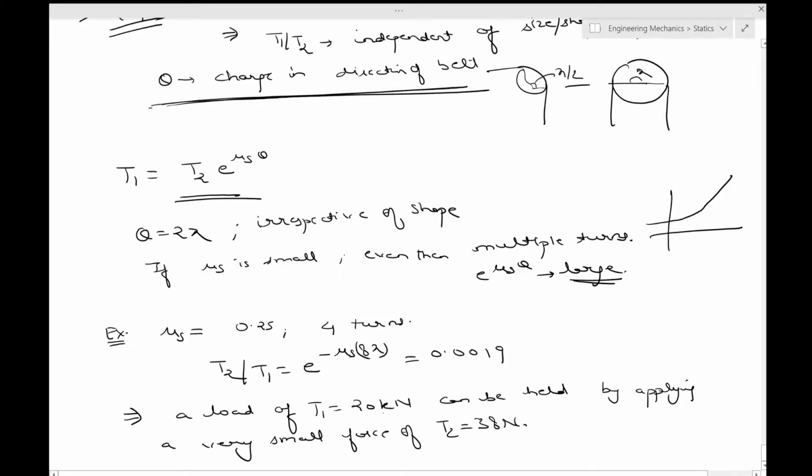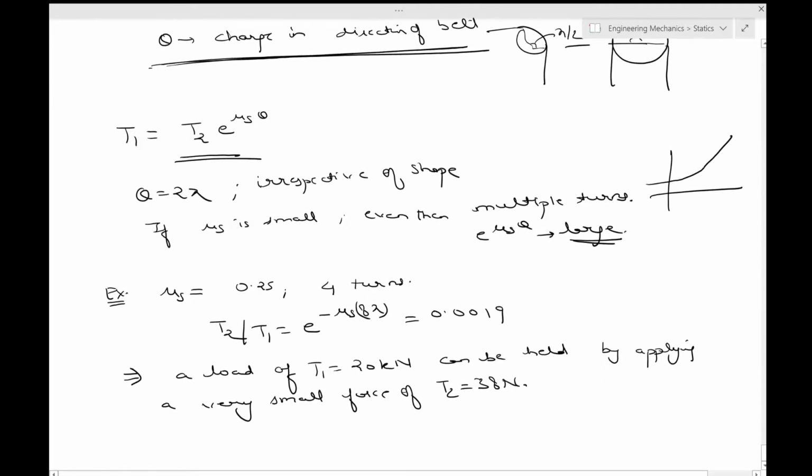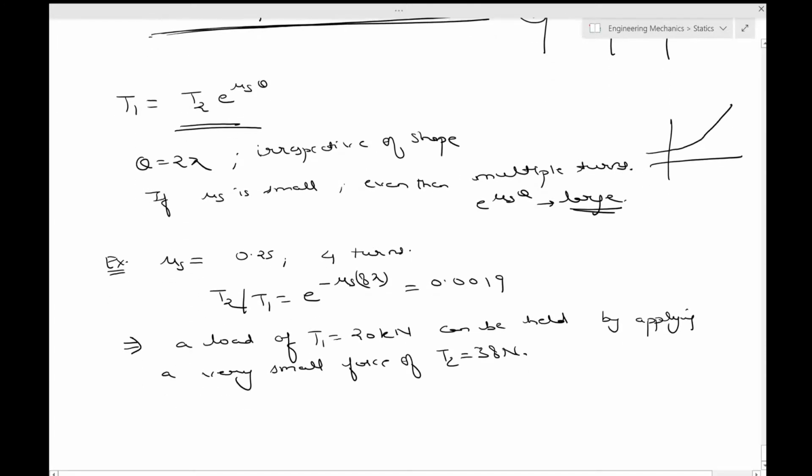This is 20 kilonewtons and you have 38 newtons. And if you take 8 turns, not 4, then the value of T1 in that case can be 109.00 kilonewtons. For 8 turns, T1 will be equal to this for the same T2, 38 newtons.